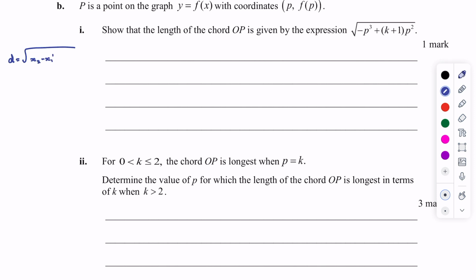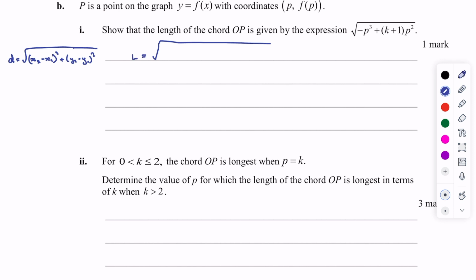x2 minus x1 all squared plus y2 minus y1 all squared, and everything square rooted. That's just our distance equation. I'm going to say that my length then is going to be the square root, and because I'm going from the origin, it makes it a little easier for us to determine what this is going to be.